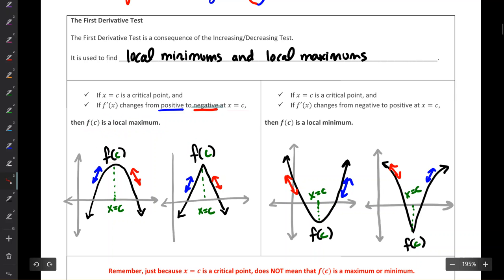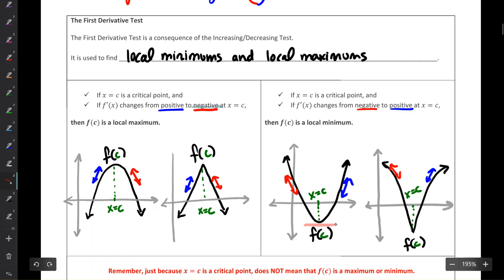All right? If x equals c is a critical point and my first derivative is changing from negative to positive at that point, we must have a local minimum. So maybe my function looks like this. We've got a critical point at x equals c.